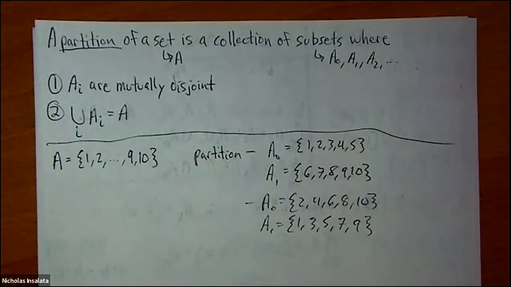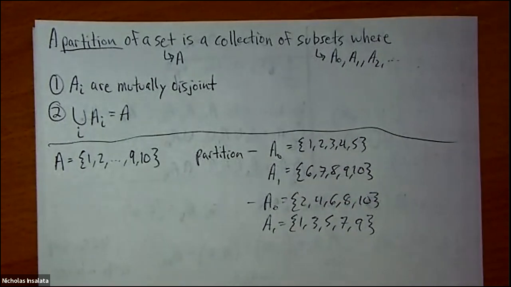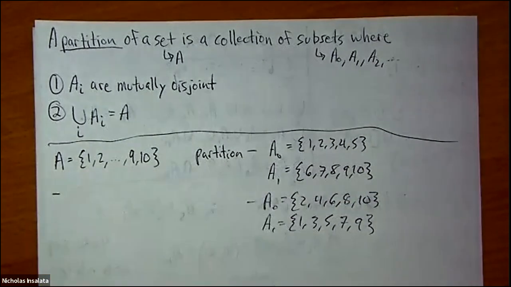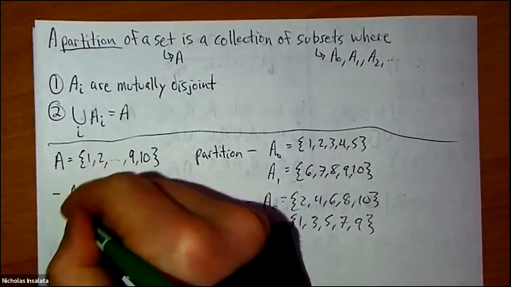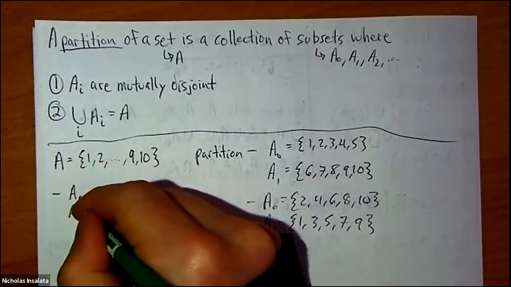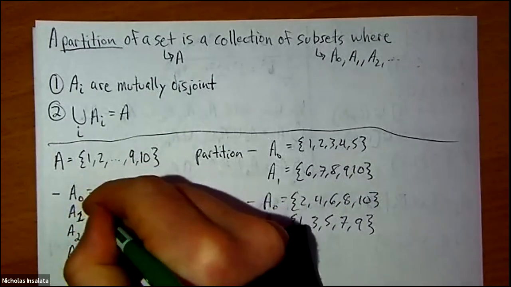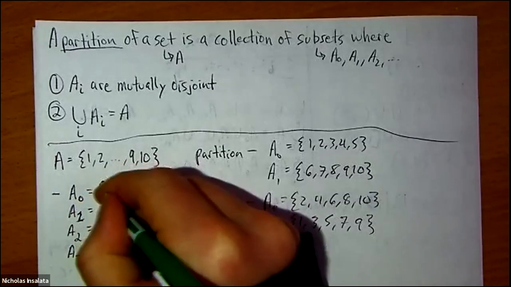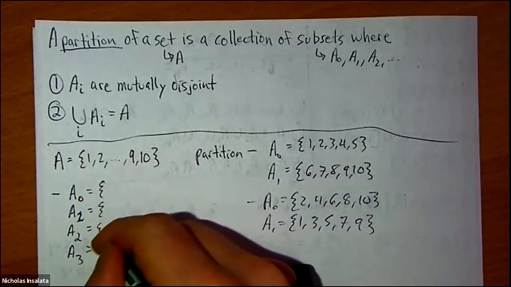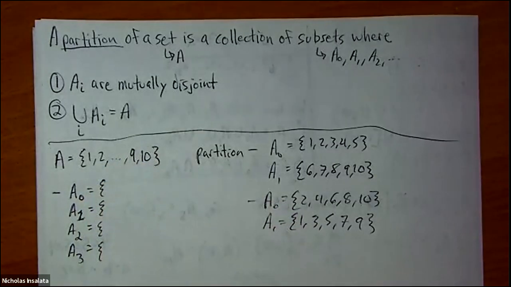Okay. Can someone give me a partition of the set A into 4 subsets? A0, A1, A2, A3. They don't all have to have the same number of elements. In fact, some of them can even be empty, and that would still give you a good partition.